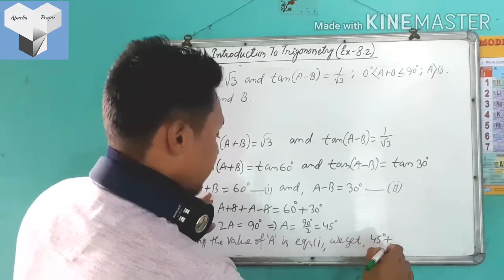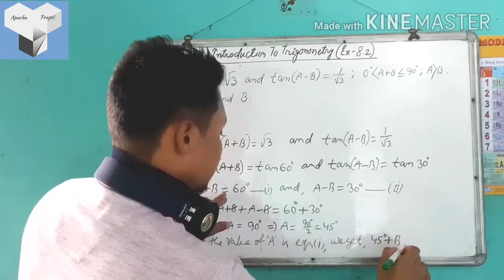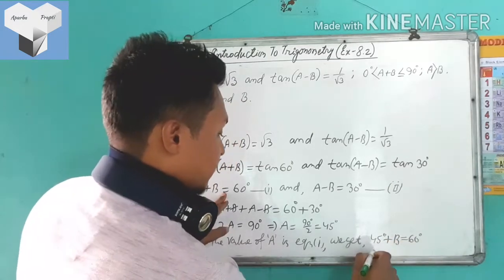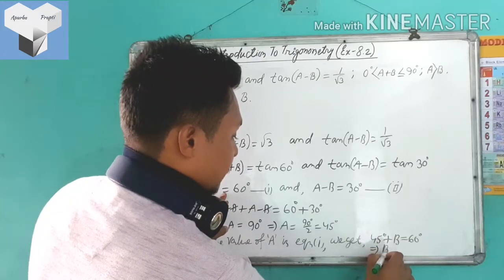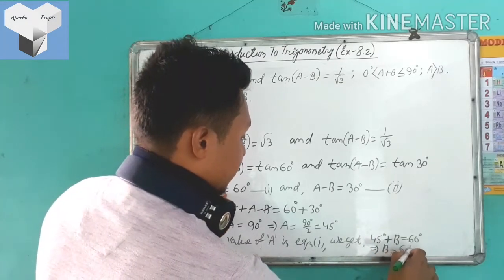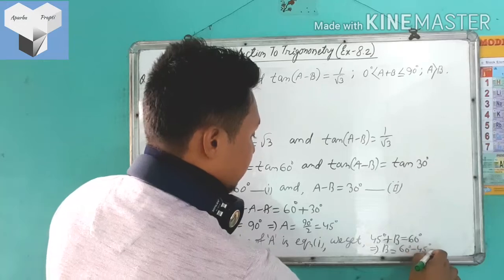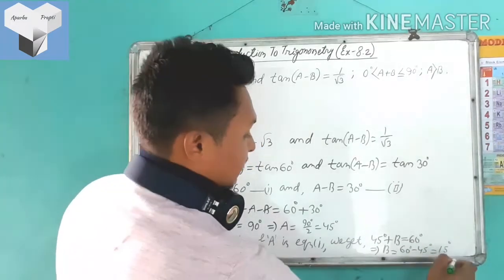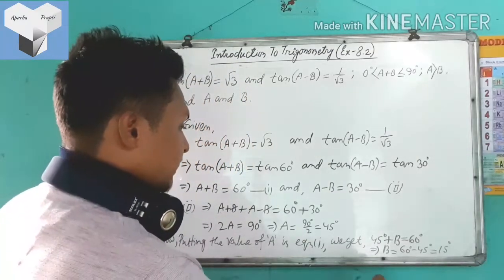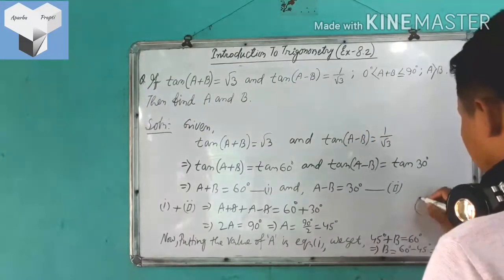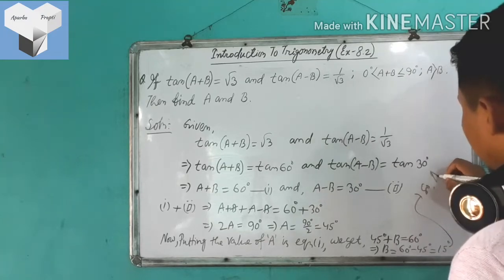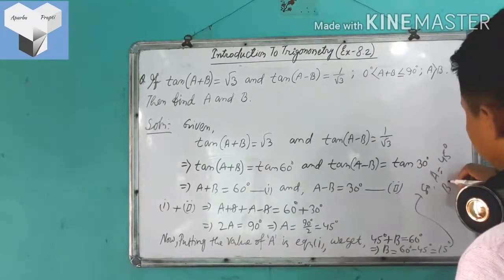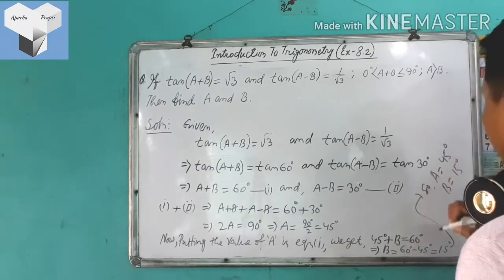Plus will remain plus, b will remain as b, equal will remain equal, and 60 degree on the right hand side. That means b will be 60 degree minus 45 degree, that is 15 degree. Okay. So finally the answer is a is equal to 45 degree and b is equal to 15 degree.